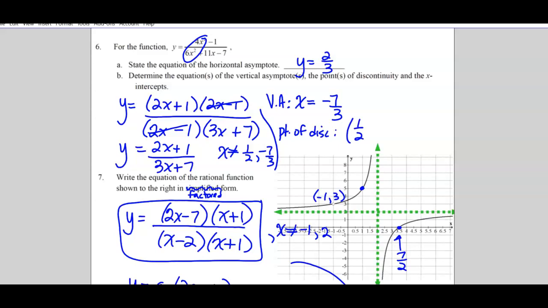Now we have to go back and put 1/2 into our simplified. I'm going to do it up here. So what is that simplified? 1 plus 1, 3 over 2 plus 7. So 2 over 14, 17 over 2, so that's 4 over 17.